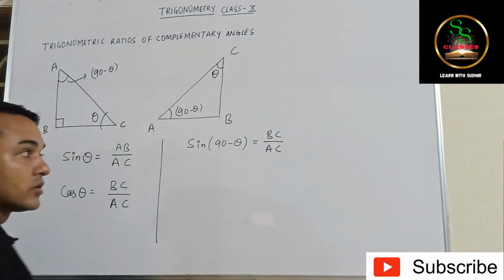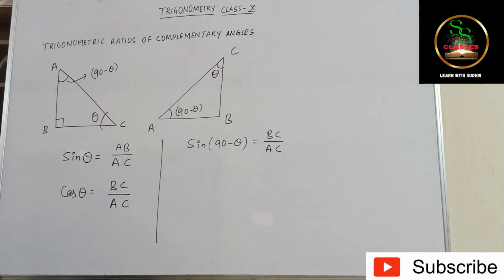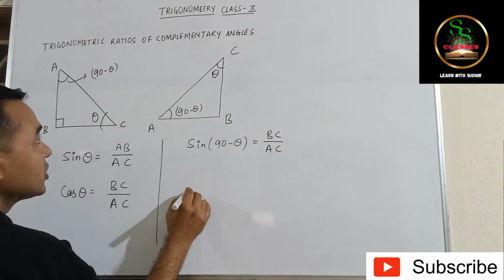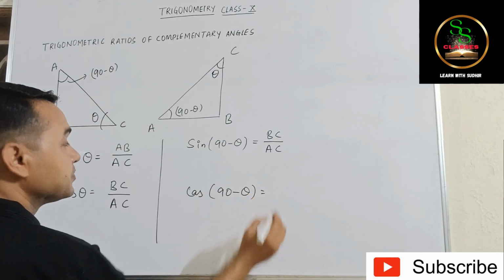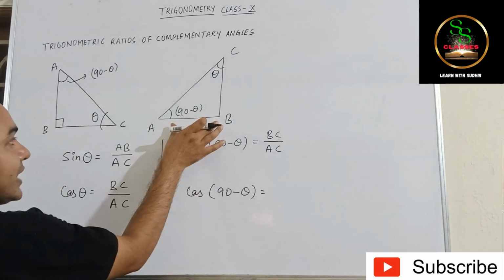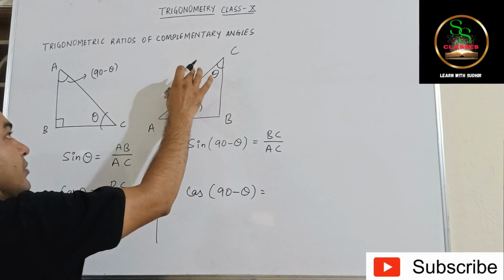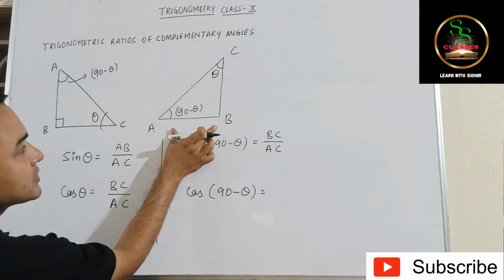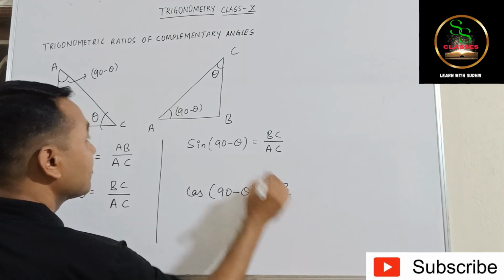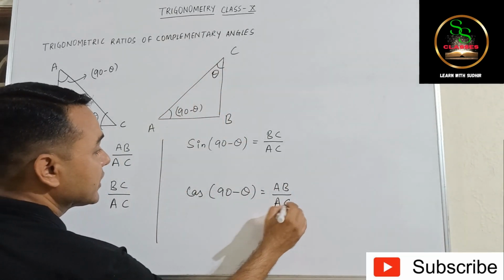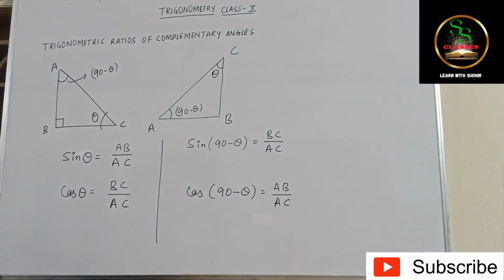Next, if we find cos of 90 minus theta, then it will become the adjacent side of the angle over the hypotenuse, or we can say base by hypotenuse. So it will become AB by hypotenuse AC.